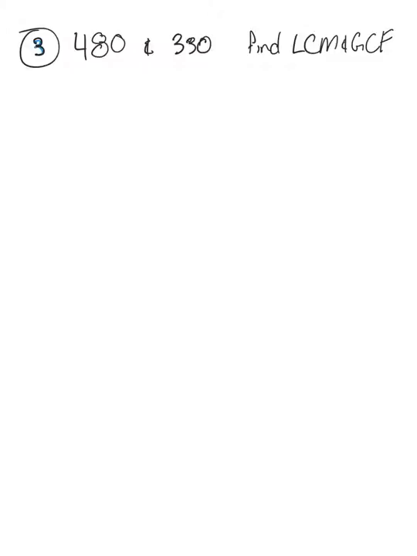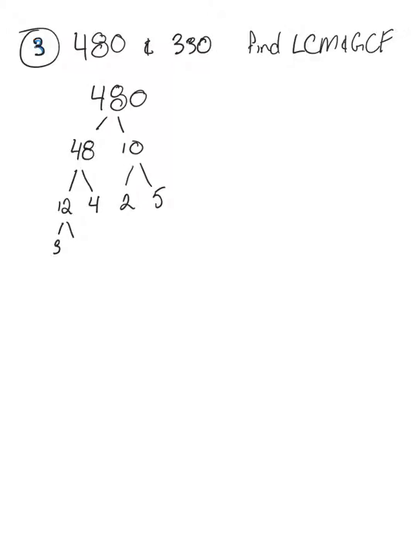So we're going to start off with the factor tree again. 480 can be divided into 48 times 10. We could also have done 2's, breaking it down step by step, but since we can clearly see that it's some number times 10, we can cut out a lot of the work. So now we can do 48 equals 12 times 4, and 10 equals 2 times 5. So 48 can be divided into 3 times 4 and 2 times 2.